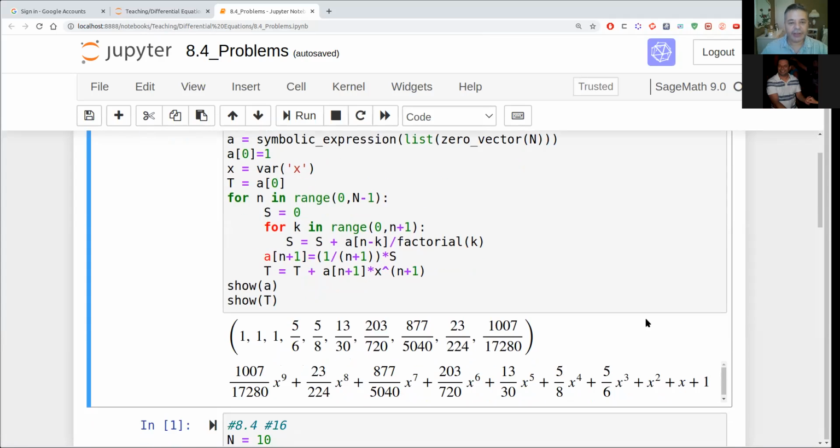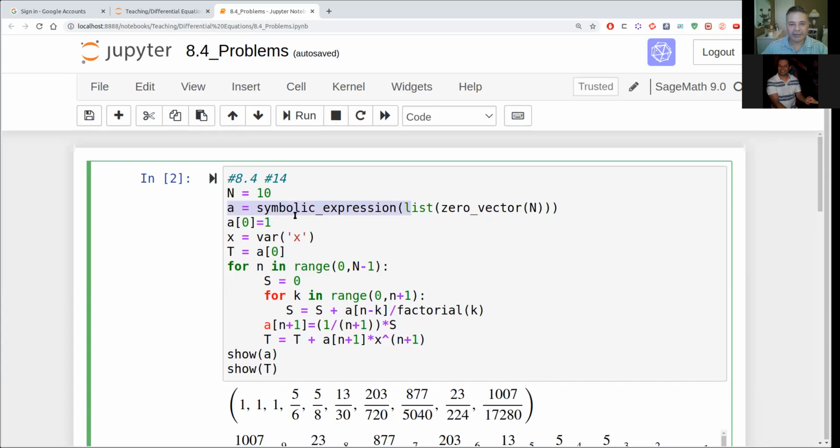Okay, so here's the sort of loop that I did. I started by saying how far I wanted to go. I wanted to go out to 10. I could go out as far as I want now. Shall I go to 100? That might be an exaggeration, but I could, right?